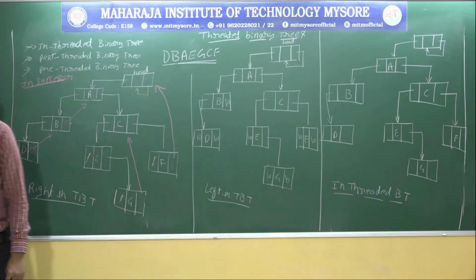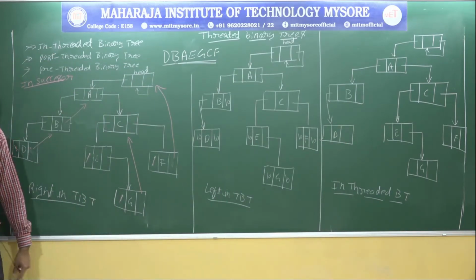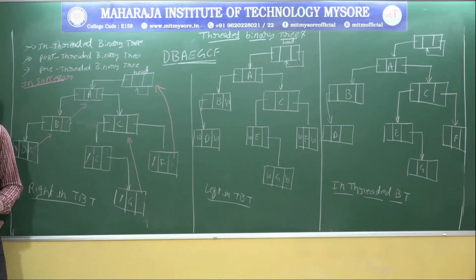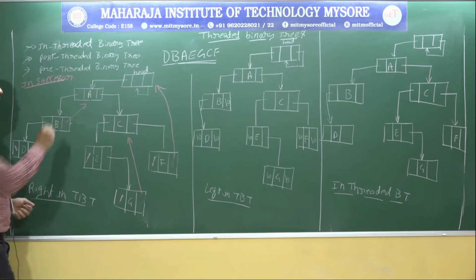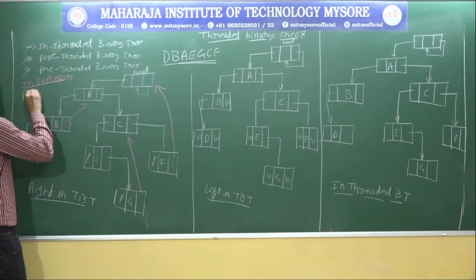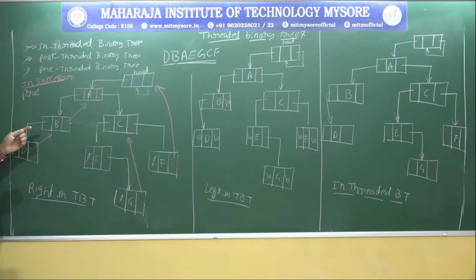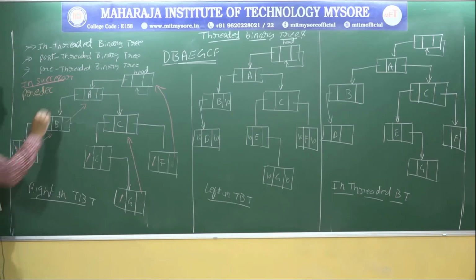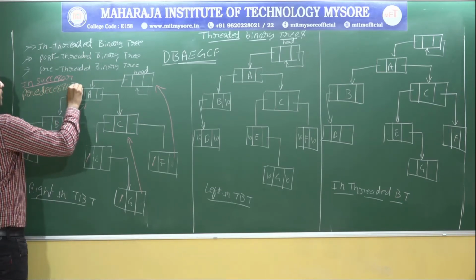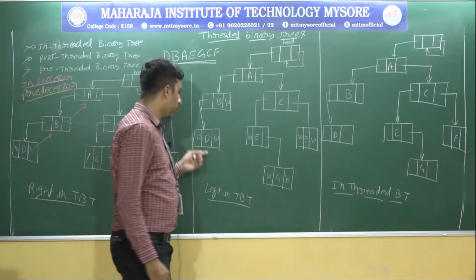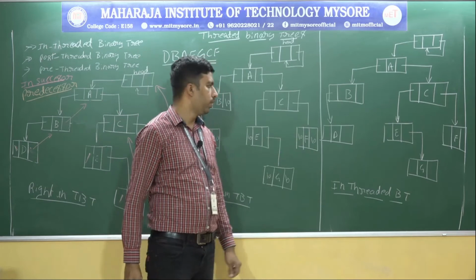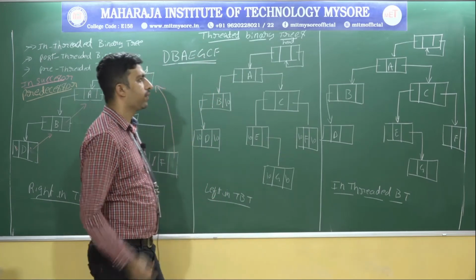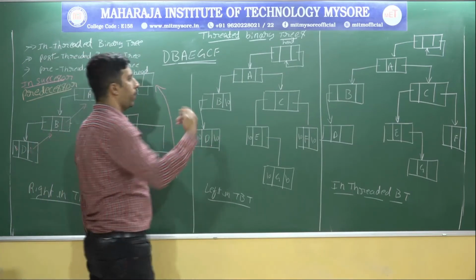Now left in threaded binary tree. Here the null is replaced by the predecessor. Wherever you find a null value in a left node, that null value is replaced by the predecessor, meaning where it comes from.